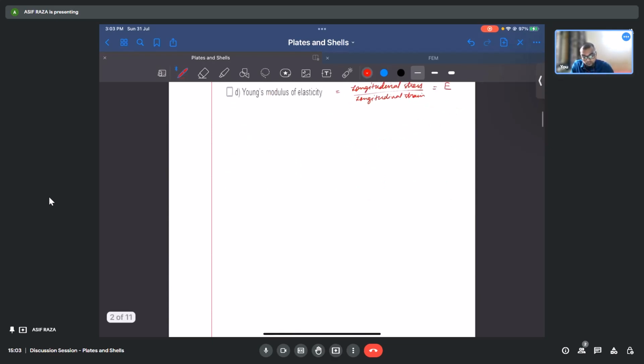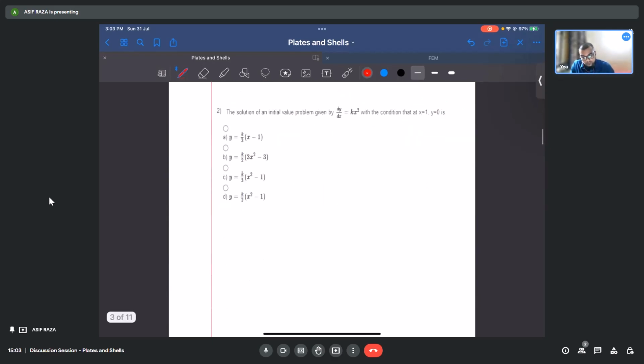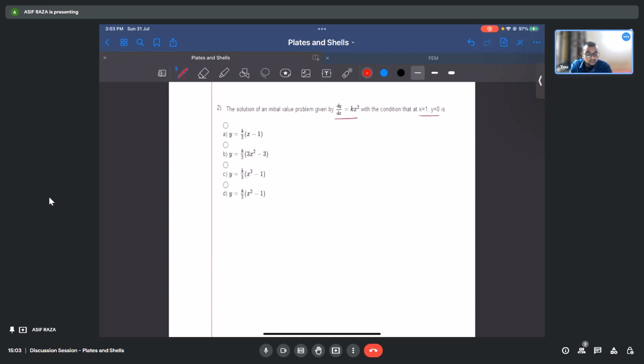Now let's solve the second question. The second question was: what is the solution of an initial value problem given by dy by dx is equal to kx square, with the condition that x equal to 1, y equal to 0. So we are given dy by dx is equal to kx square.